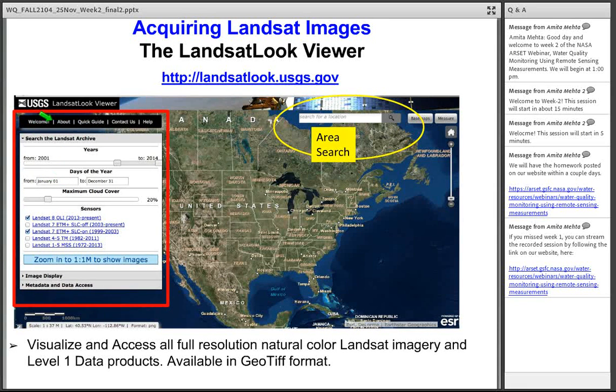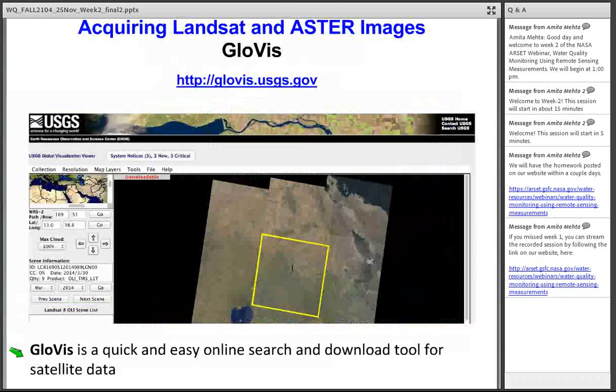There is a quick guide given here. There is a spatial search here, and then image display or data access can be chosen, and then this data can be accessed. These are level 1 data products, and a GeoTIFF image is available, so it can be used with GIS as well.